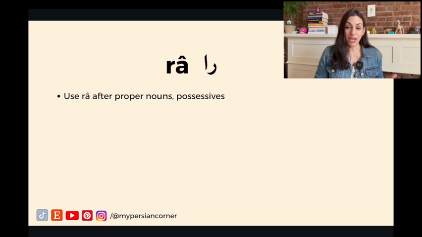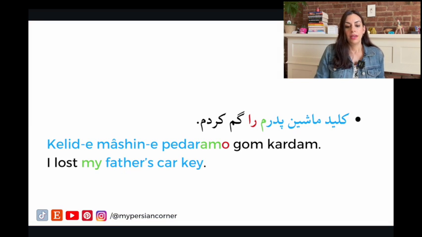Okay, so another time we're going to use ra is after proper nouns or possessives. So let's look at some examples here. Kind of building upon the previous example, کلید ماشین پدرمو گم کردم. So now I've lost my father's car key.